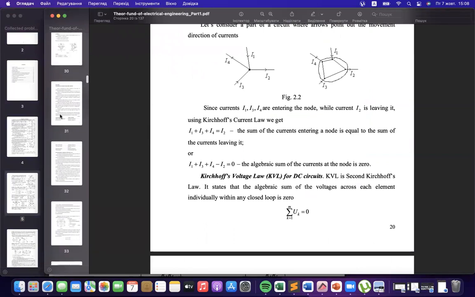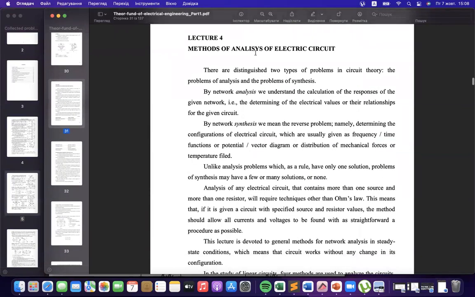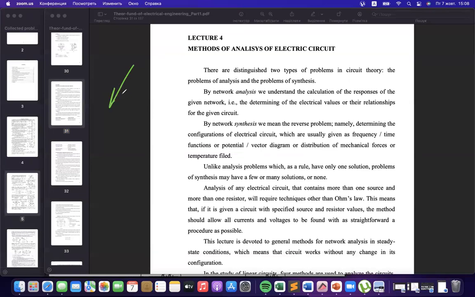What could we say about methods for analyzing electrical circuits? Generally, we have two types of circuits that we call simple and complex, or in other words, harder to solve. For a simple circuit, it means that we have only one source.